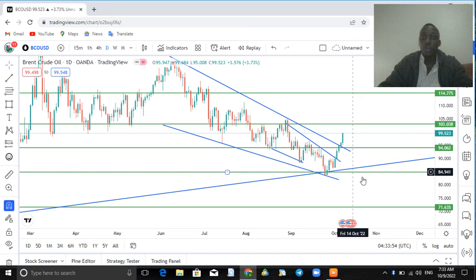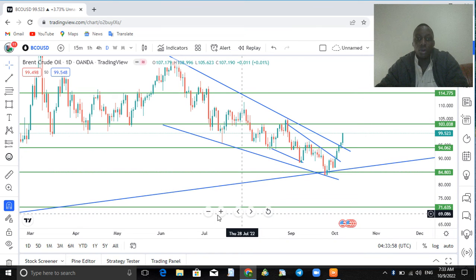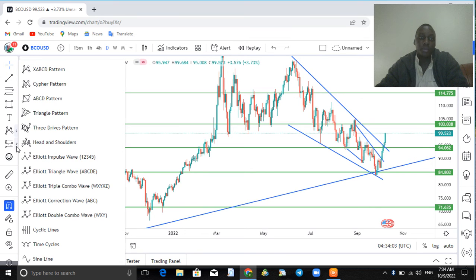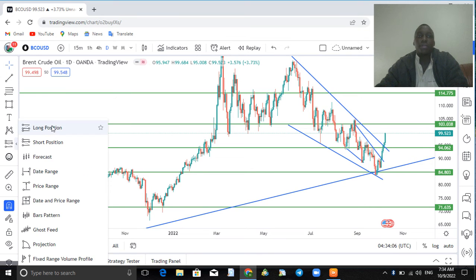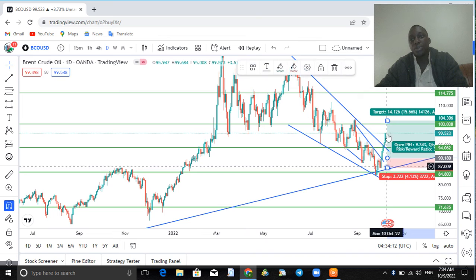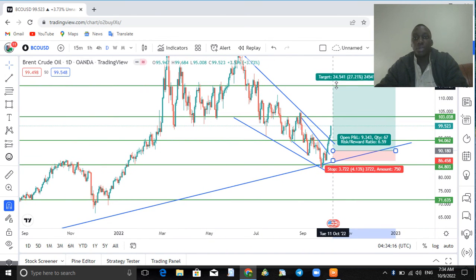So you had to enter from this level to go long on Brent. So this was our perfect entry. We could put our stop loss there and take our take profit all the way to the upside.